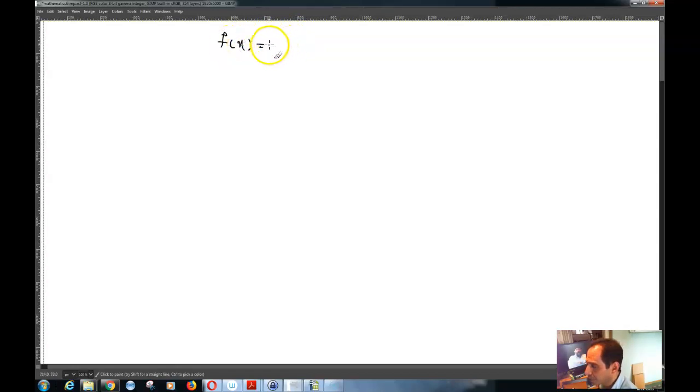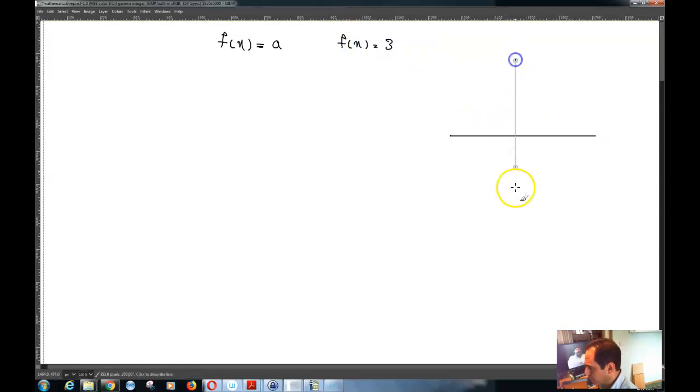For example, f of x is equal to a. Basically this function would be something like, for example, f of x is equal to 3.